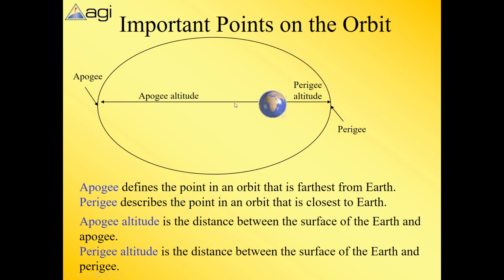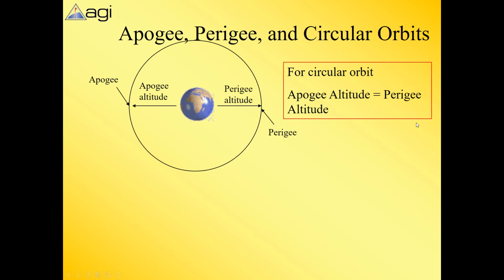We can talk about the altitude as well. So apogee altitude is measured to the surface of the Earth instead of to the center of the Earth. G means Earth. Here's the generic name, apoapsis, periapsis. For a circular orbit, those two altitudes are the same value. It's a perfect circle, right?